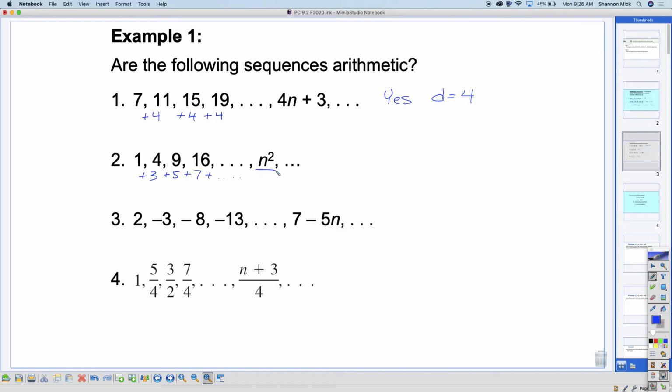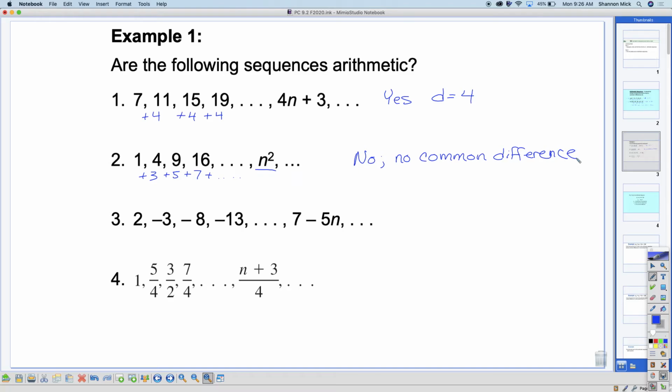So is that arithmetic? No. There's no common difference.